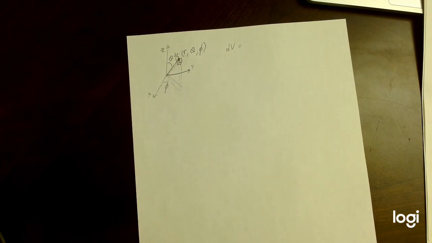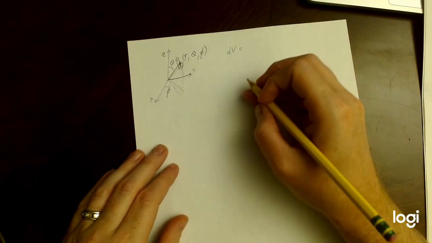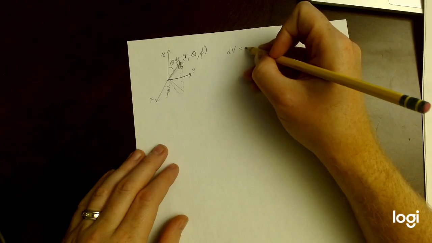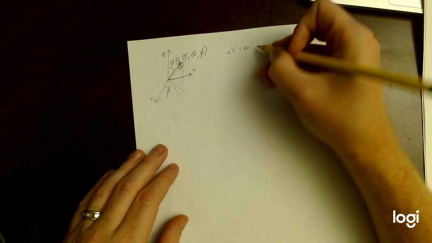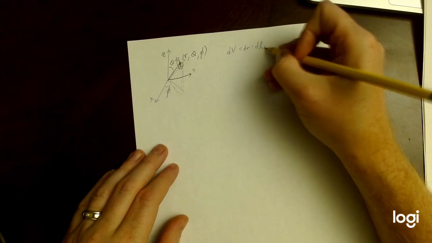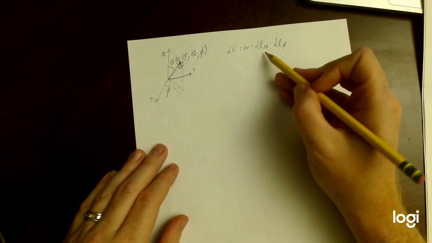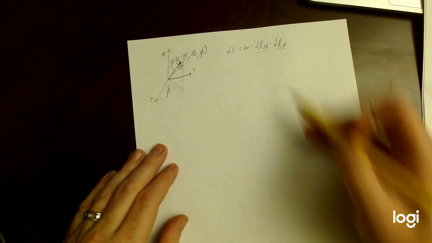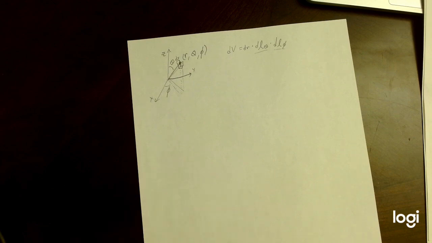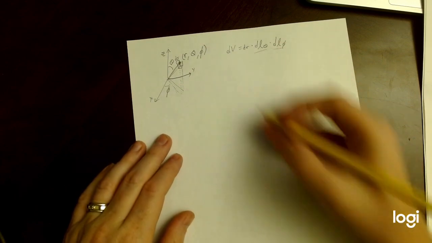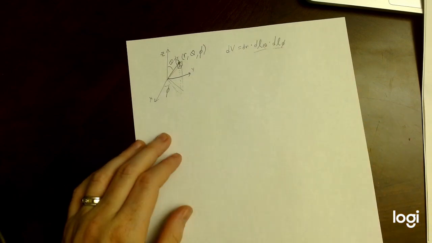So the dr is fine, but we will need to account for the other lengths, and let me write this out as some dr times, I'll just say a dl theta and times a dl phi, where these are the arc lengths as you vary theta or as you vary phi, those angles.